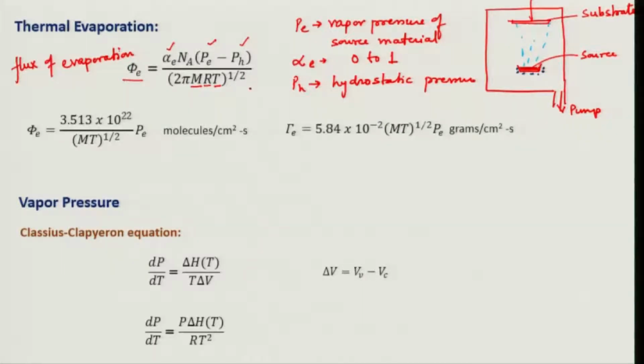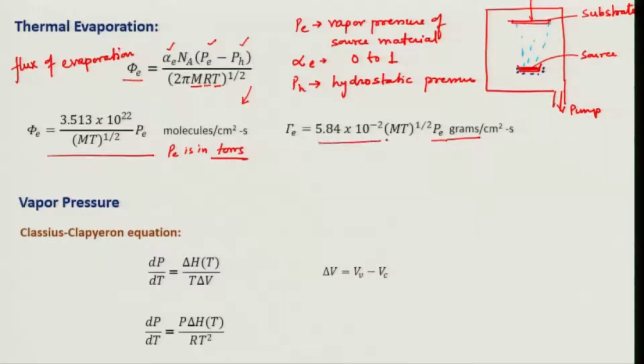Now, this expression can be converted to this form where Pe is in torr, or it can also be converted to grams. So, this is molecules per centimeter square per second and this is grams per centimeter square per second, where P is again in torr.